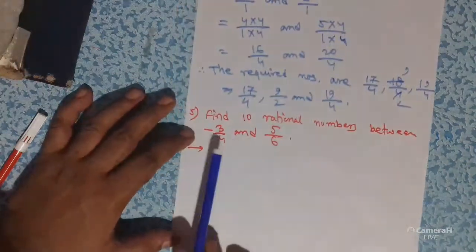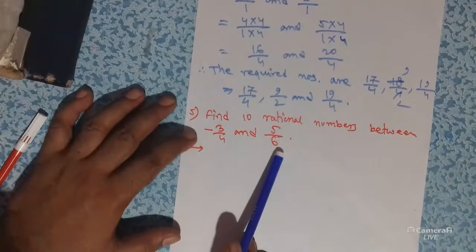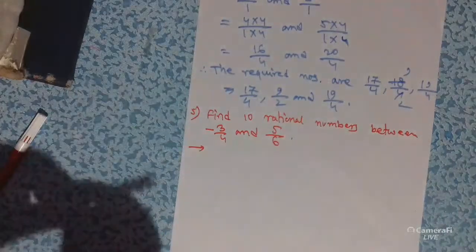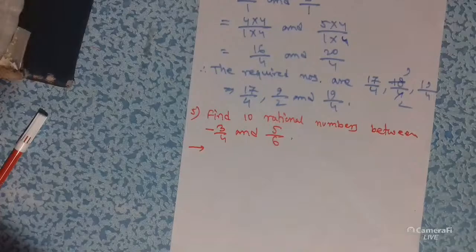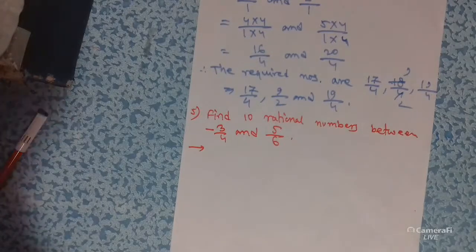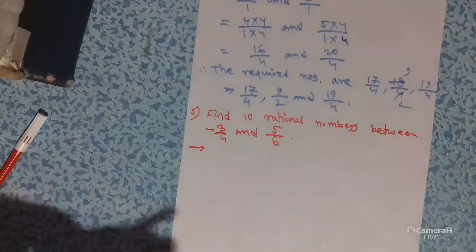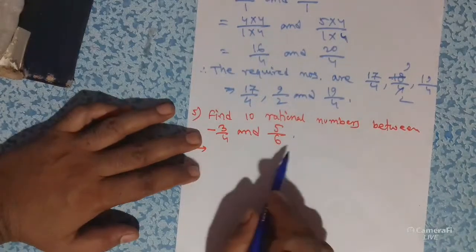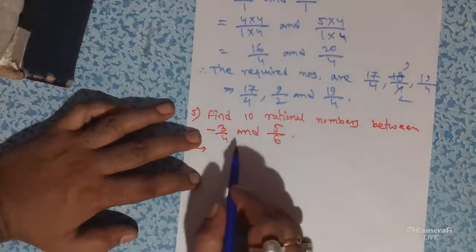But here, after converting the denominators into same denominators, I think there are some numbers. Okay, I will show you. Arpita asked me, sir, we have to find 10 rational numbers, then we have to multiply with 11. No, there is no need to multiply with 11. So here, at first we have to convert both the denominators into the same denominator.